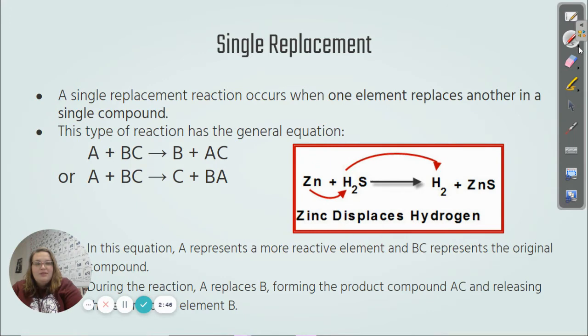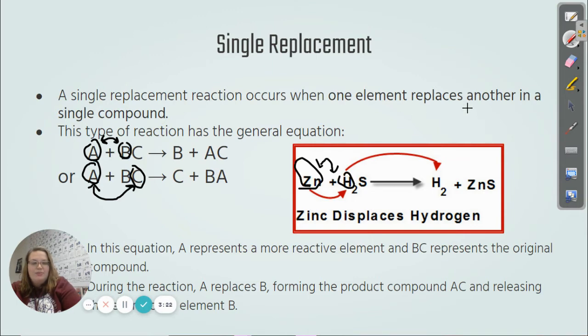That means either A is going to switch places with B, or A switches places with C. Okay? So in these, you're going to have single element plus compound makes single element plus compound. So in this example here, zinc trades places with hydrogen. So zinc and hydrogen swap places. So that's a single replacement.